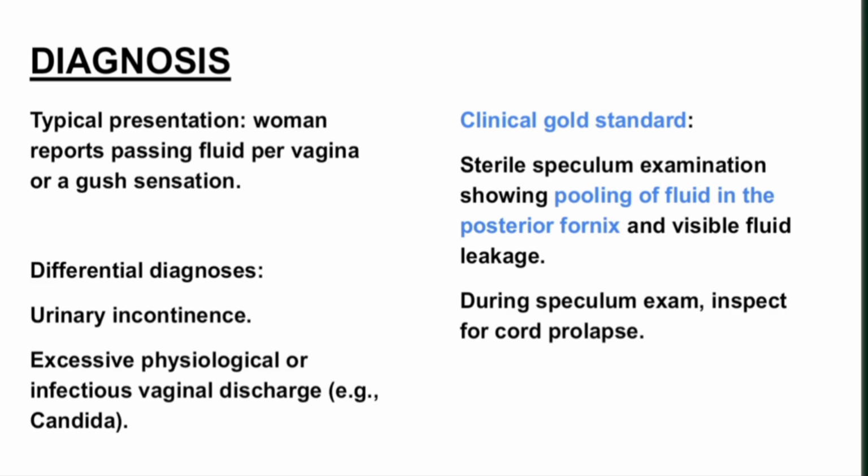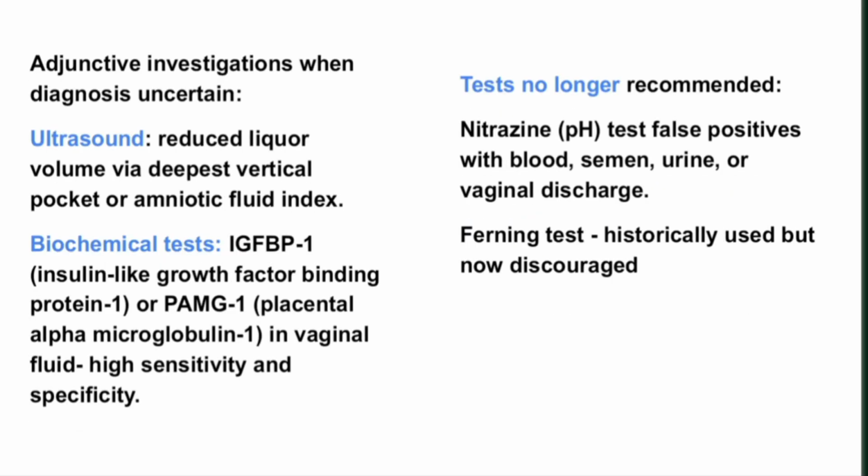The other thing we need to talk about is when we need to do a speculum exam and inspect for cord prolapse. We also need to add on to make our diagnosis more certain. We can also do an ultrasound, which is simply going to show reduced liquor, via the deepest vertical pocket and amniotic fluid index.